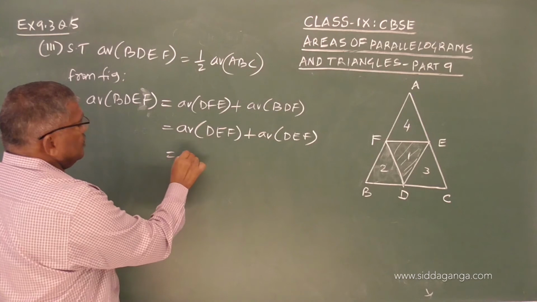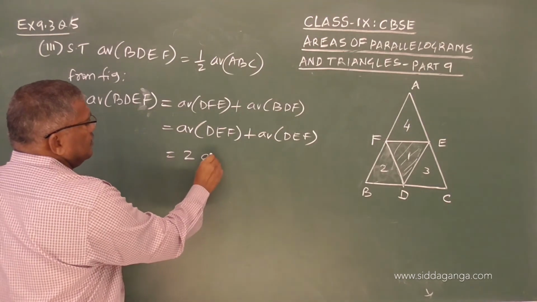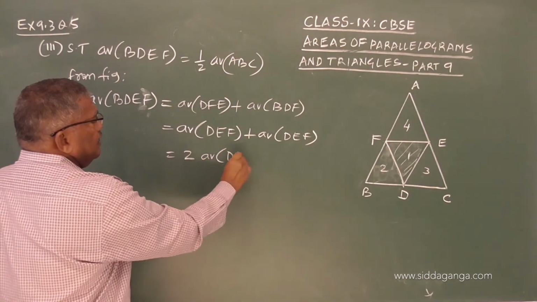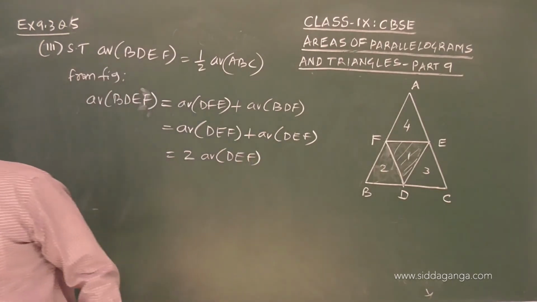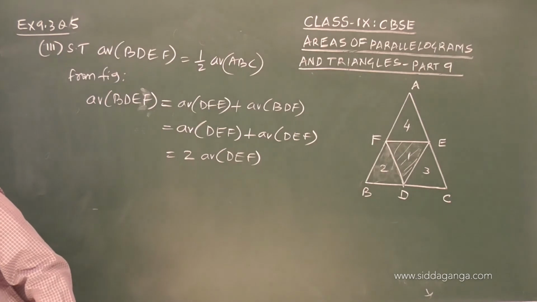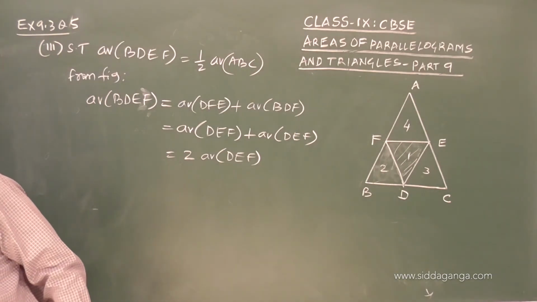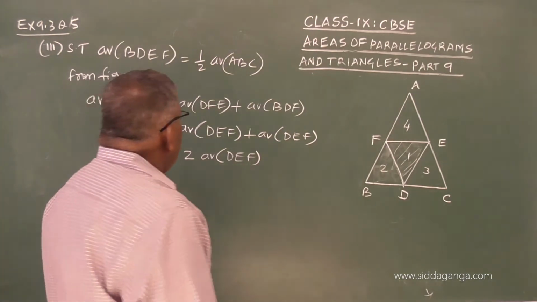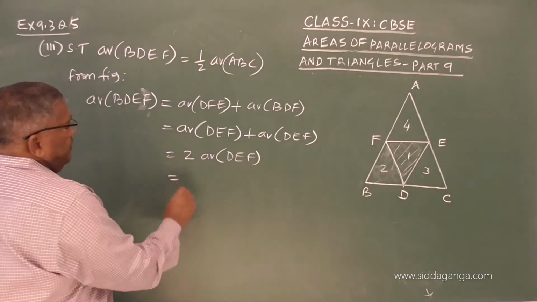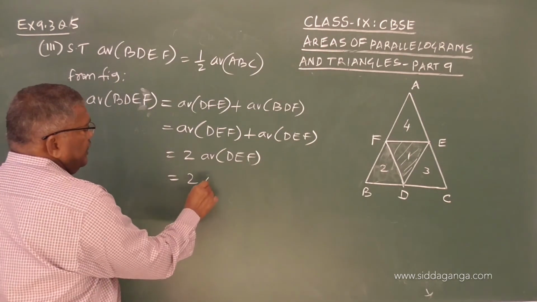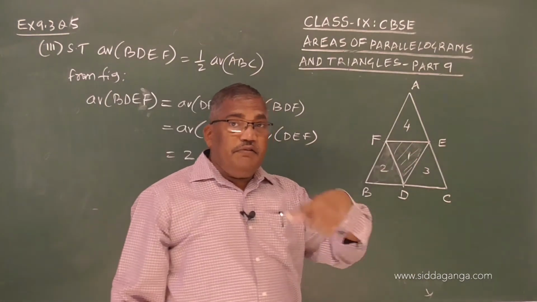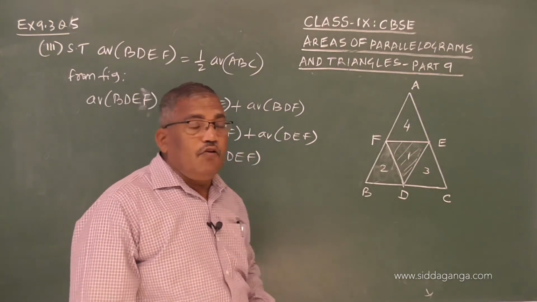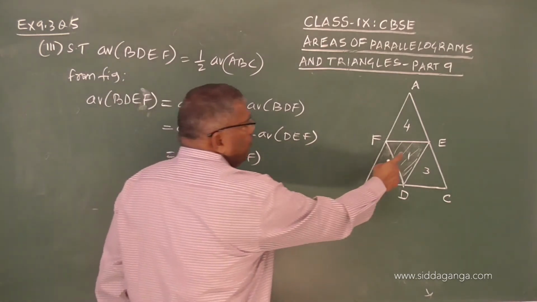So, it becomes 2 times area DEF. Area DEF, in the previous result, we have proved that it is 1/4 of ABC.